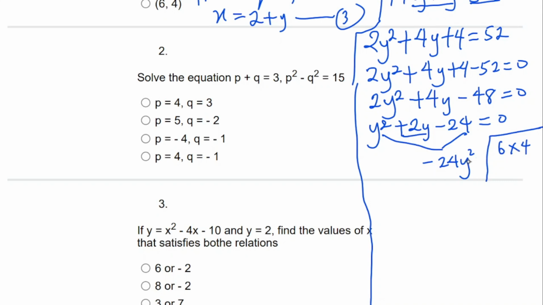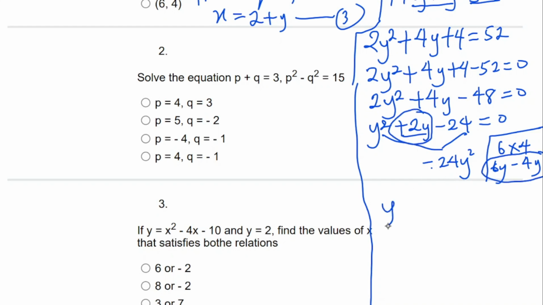This is plus, but this is minus, so the 4 could carry minus and 6 carry plus. That means we're going to have 6y minus 4y, which gives us plus 2y, and 6y times minus 4y gives us minus 24y squared. So in that case, this 6y minus 4y will replace 2y here.